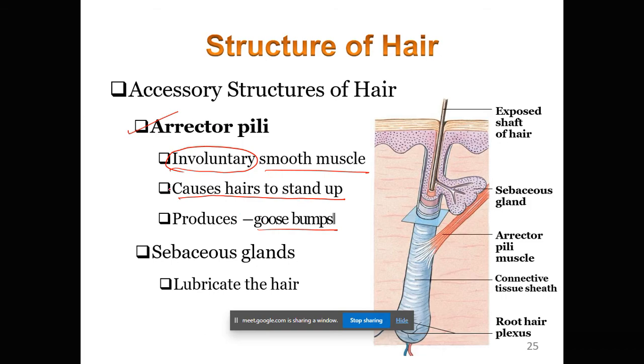And why do hairs stand up? It is because of the smooth muscle present in the hair follicle. Okay, the second accessory structure is the sebaceous gland. It produces an oily liquid called sebum, and this sebum is responsible for the lubrication of the hair.